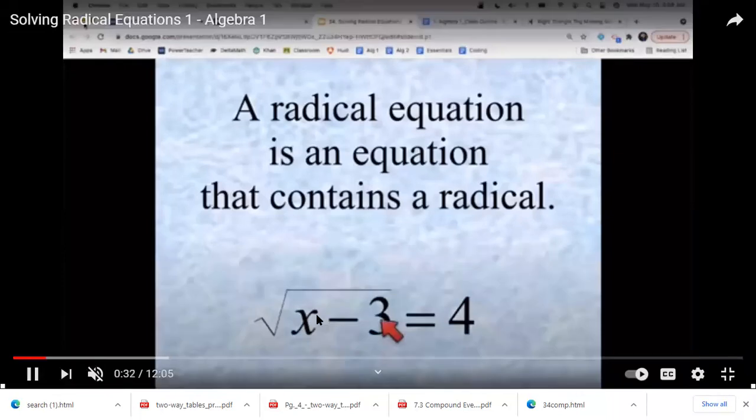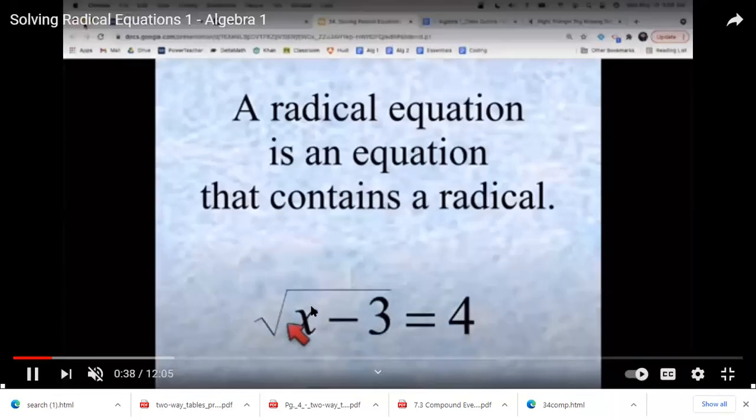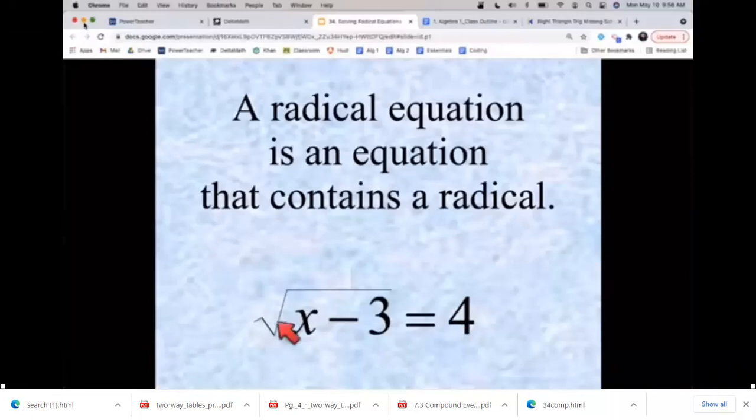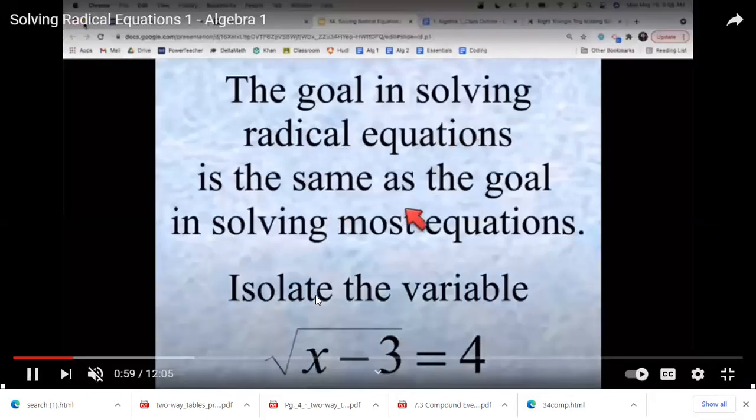If I replace the value of x by 19, it will be 19 minus 3, which is 16. And the square root of 16 will be 4. But as I said, we will not work by guessing.